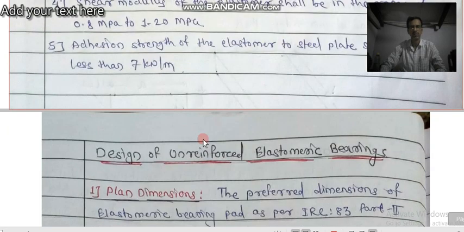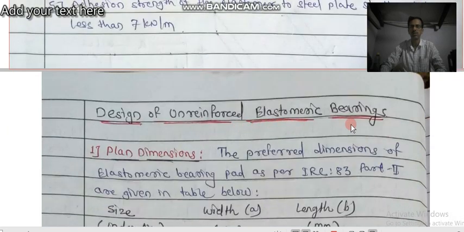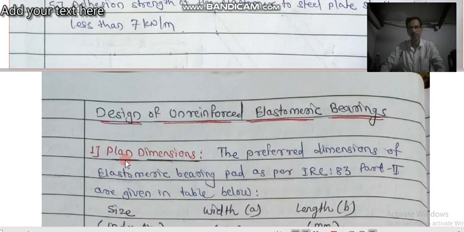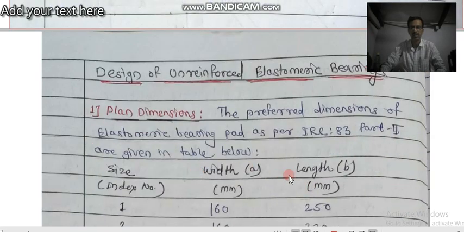Next we will cover the design of the unreinforced elastomeric bearing. The first step is the plan dimension. The preferred dimensions of the elastomeric bearing pad as per IRC 83 Part 2 are given in the table below.